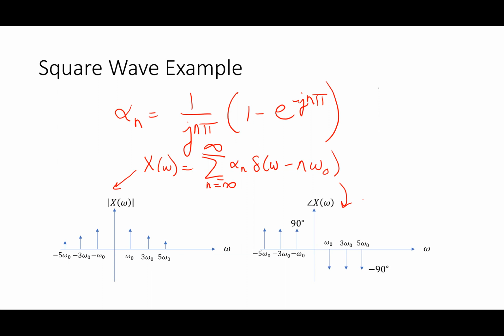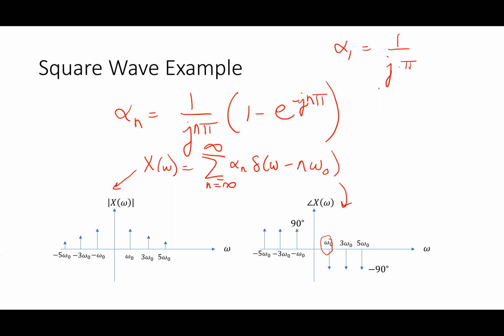Now check that for a second. Why is this? See if you can justify it. So for n equal 1, I've got an impulse here at omega naught, and I said the angle is negative 90. Does that look right? If I plug in n equal to 1, I would get alpha 1 equals 1 over j pi.